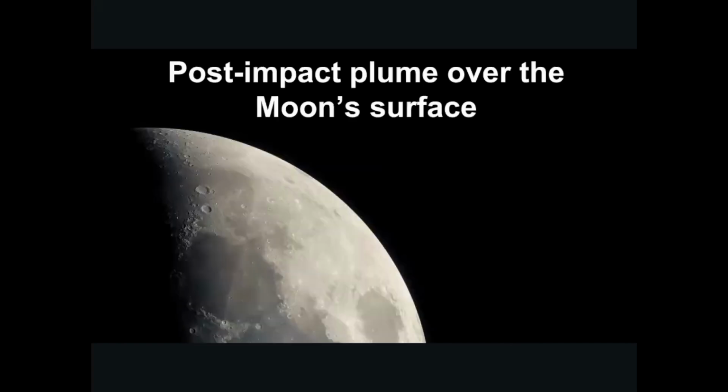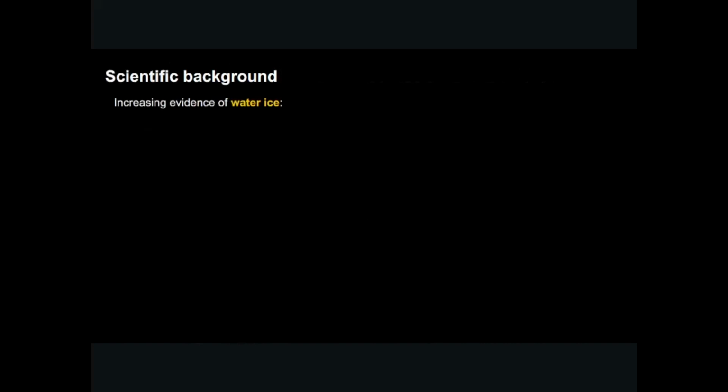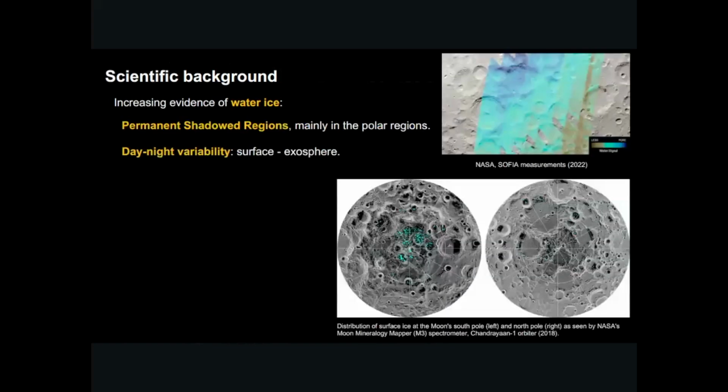So first, I simulated a post-impact plume over the moon surface. So let's see rapidly the scientific background. For those who don't know, there is increasing evidence of water ice on the moon from different instruments. We have an amount of ice in the permanently shadowed regions, mainly in the polar caps, where we see ice inside those craters.